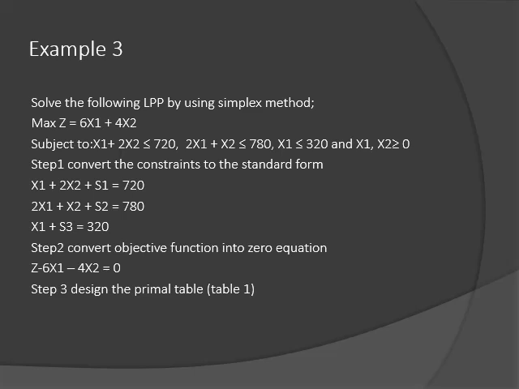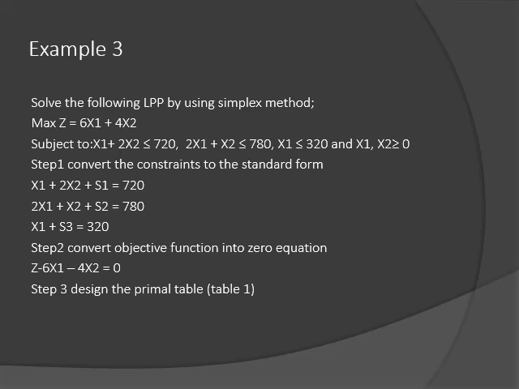Step 2, to convert objective function into zero equation. So we are going to move the two decision variables to the left side, and we will get z negative 6x1 negative 4x2 equal 0.